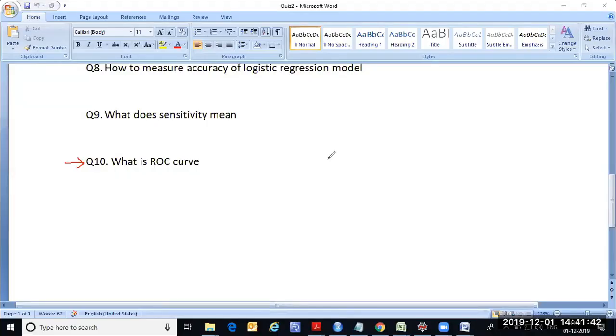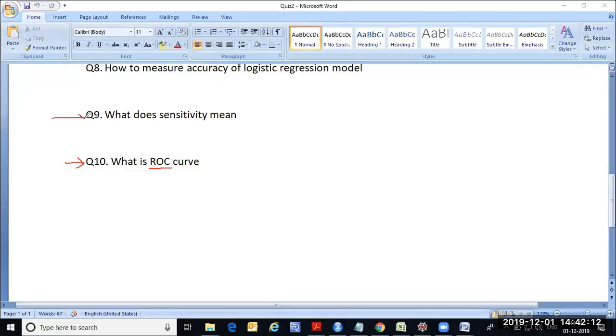That means sensitivity versus 1 minus specificity. Nothing but ROC curve, receiver operating characteristic curve. Right? It tells us how accurate is your model in terms of identifying or predicting the true cases, the positive cases as true. Right?